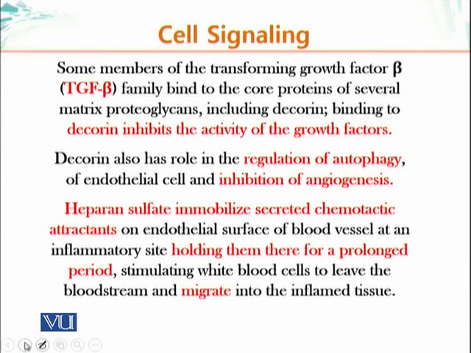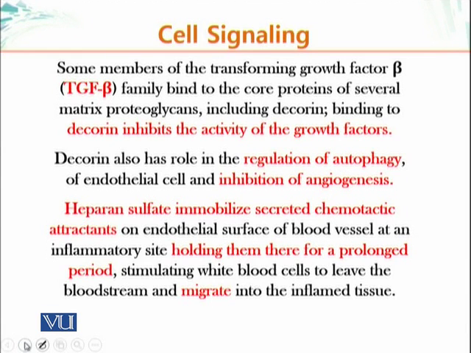Decorin also has a role in regulation of autophagy of endothelial cells and inhibition of angiogenesis. Angiogenesis is the process that results in formation of blood vessels. So decorin, a proteoglycan, regulates autophagy, which means cells eating their own parts, in endothelial cells, and also inhibits formation of blood vessels.